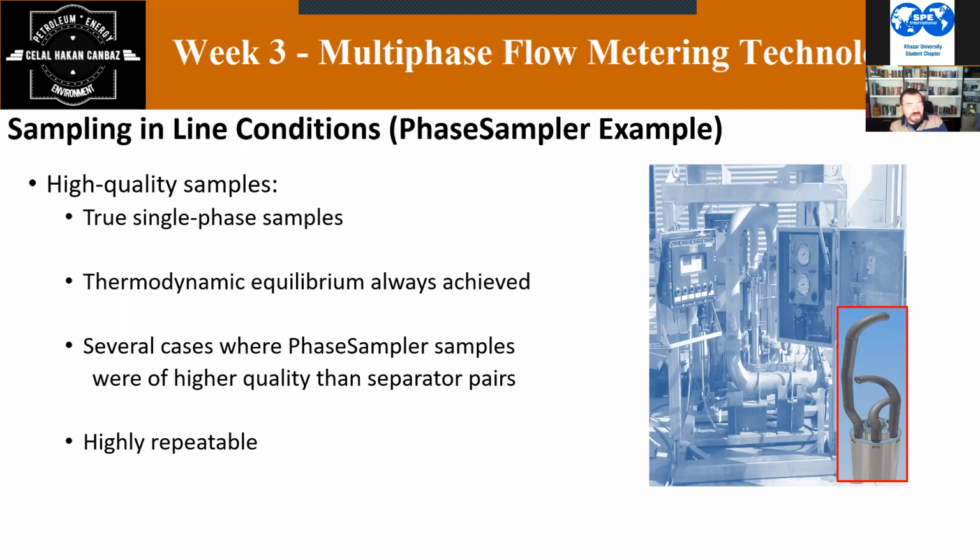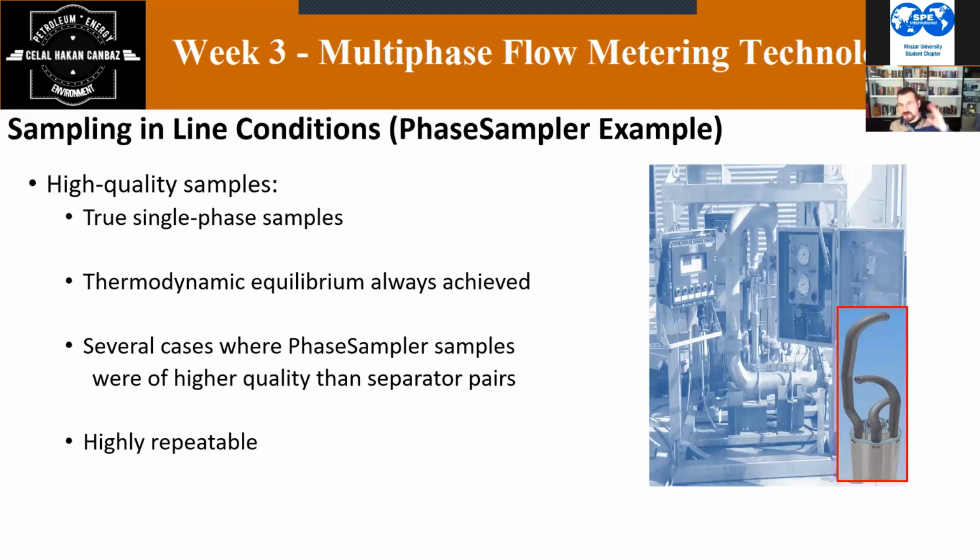So when you are getting it in the line conditions, as for example, you have a volatile oil, you are getting it from your line conditions at the surface, so it will be closer to your reservoir conditions compared with the one that you take from your wellhead, because when you are taking it from your wellhead, of course, you are opening it to atmosphere as well, or when you are taking it from your separator.